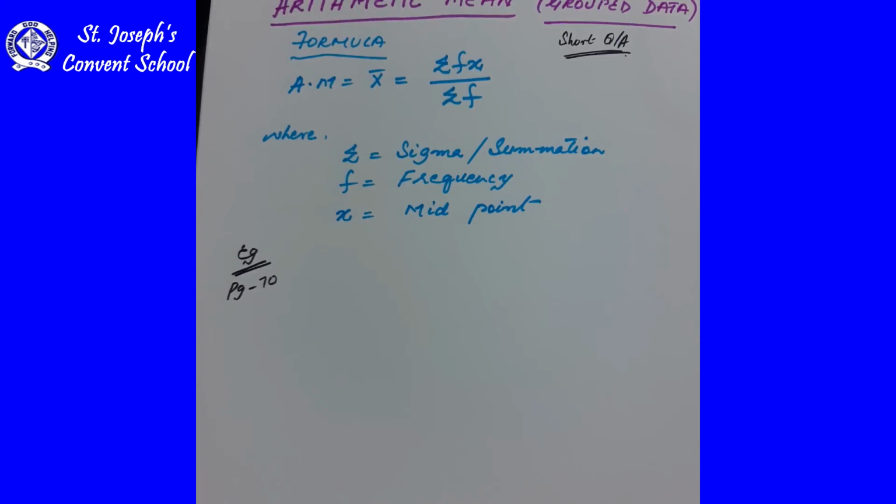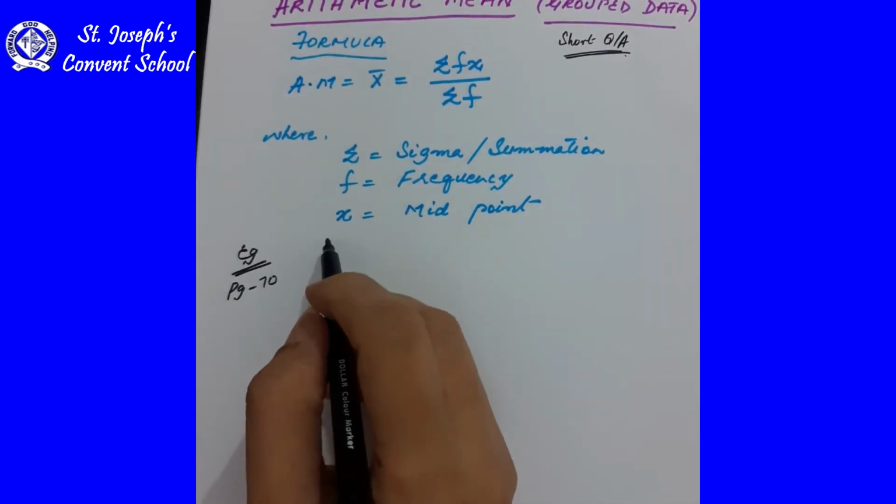So they have made the groups and they have written them in the columns. I'm just copying the main part of the question. Different ages of the students are given, 700 students. You have to find arithmetic mean.